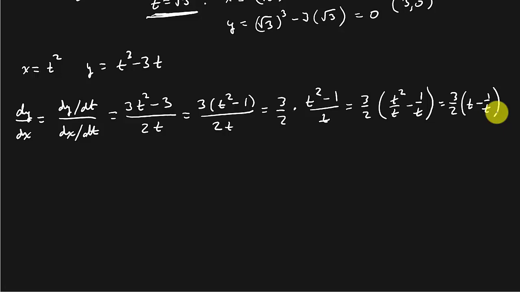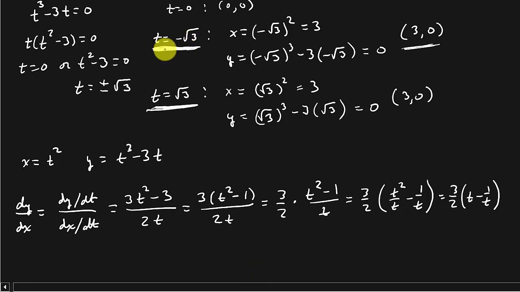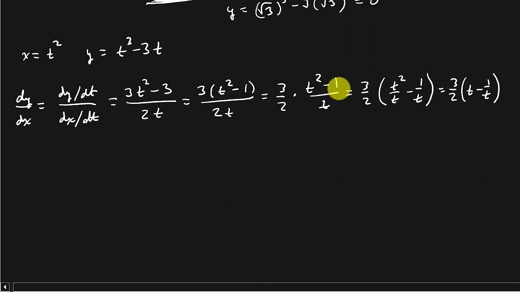Now we need the slope when t equals negative square root of 3. Remember I said we're going to do this one first.